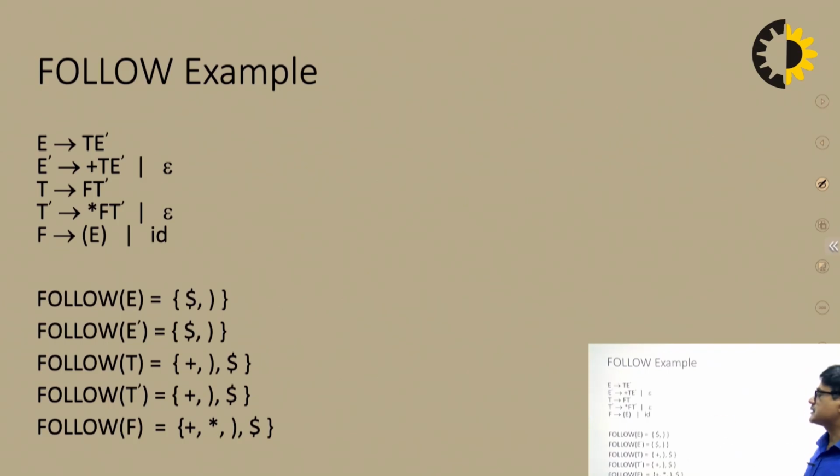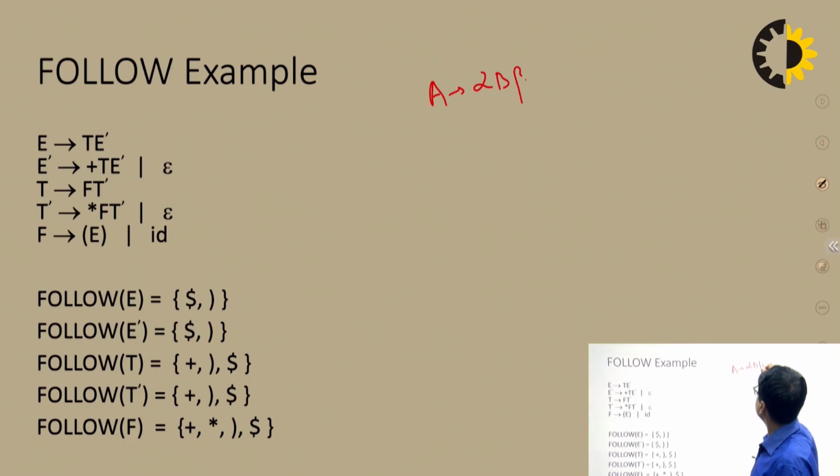Now we will come to this grammar. How will we find it? We have to write which is the start symbol. Start symbol is capital E, so dollar is added directly into follow of capital E. Now you have to apply the second rule. Second rule is: if any production is in the form alpha B beta and beta does not derive epsilon.